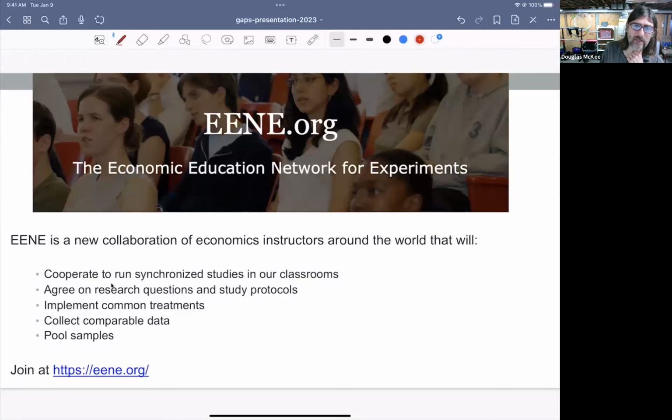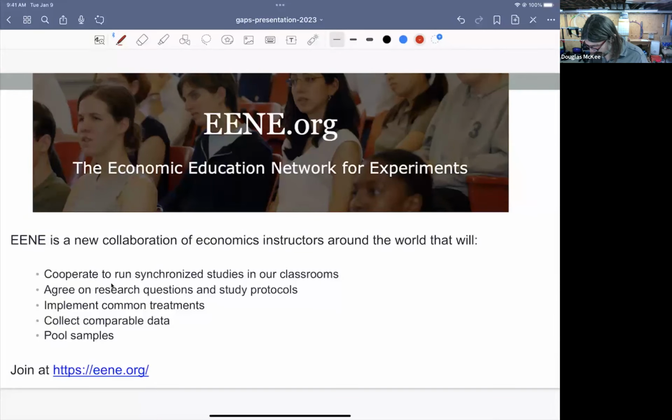Over the summer, some colleagues at Cornell and outside Cornell decided to build something called the Economic Education Network for Experiments, which we call IREE. It's a set of instructors all over the world that cooperate to run synchronized experiments in the classroom. They can be actual randomized experiments or observational studies.